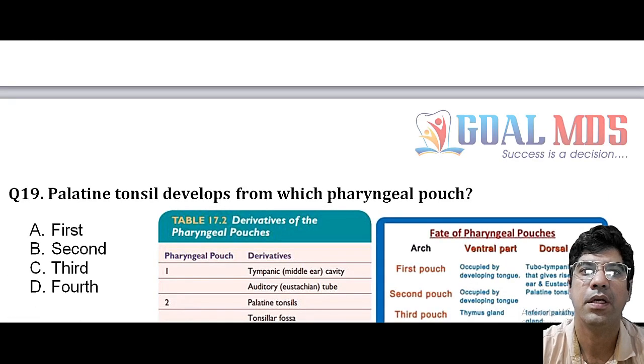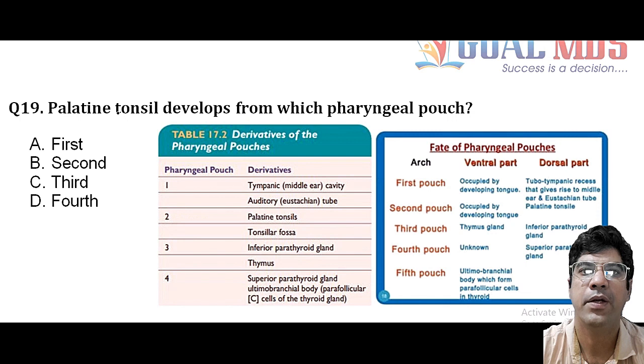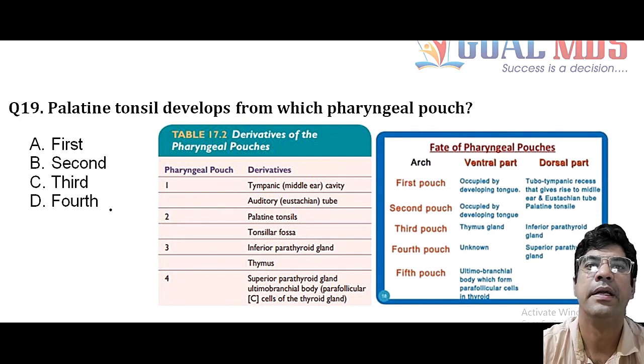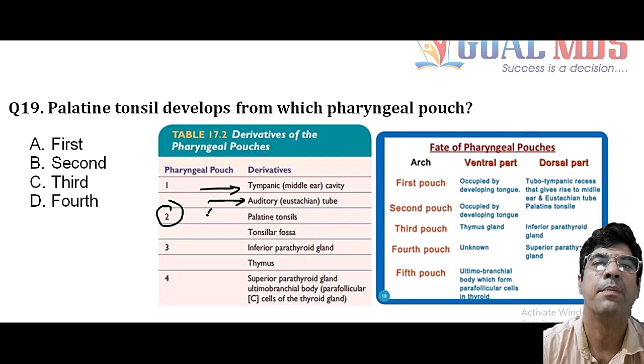Next question. The palatine tonsil, it develops from which pharyngeal pouch? It develops from second pouch. So remember the table. The first pouch gives tympanic cavity, auditory tube. Remember all these structures.